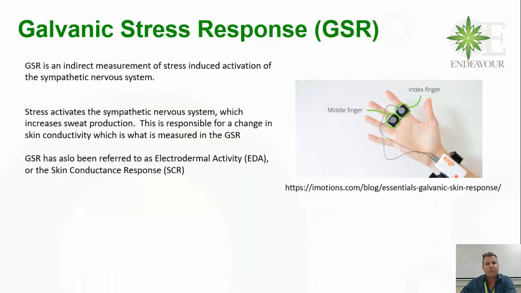Okay. Some of the other ones that are used, this is an old one actually, it's appeared in lots of spy movies, and this is one of your classic lie detector responses, and this is your galvanic stress response, and it does relate back to the increasing stress and increasing sweat that happens when someone is under stress.